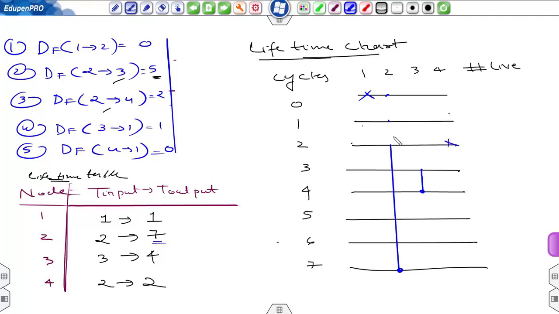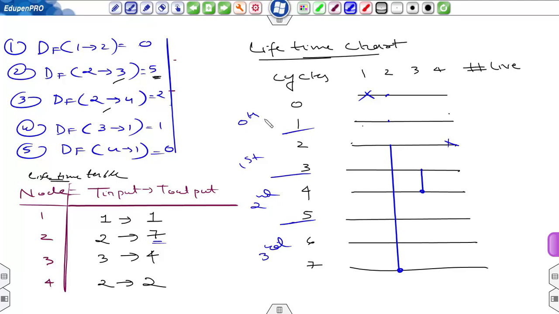Now we will calculate the live variables. The iteration period for this given filter is 2. So this is the 0th iteration, this is the first iteration, this is the second iteration, and this is the third iteration.